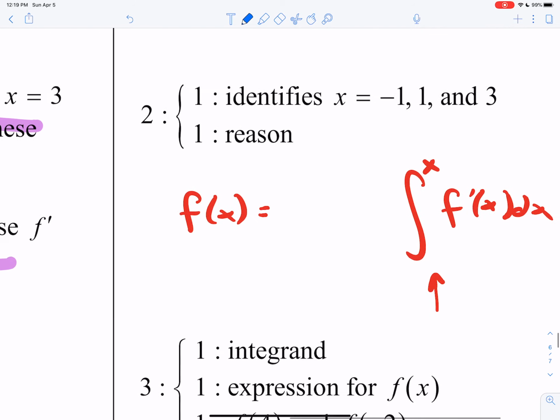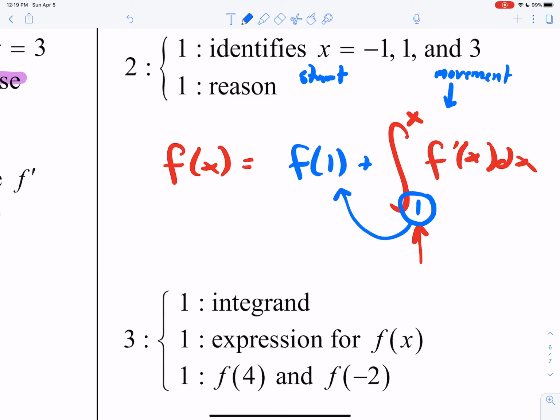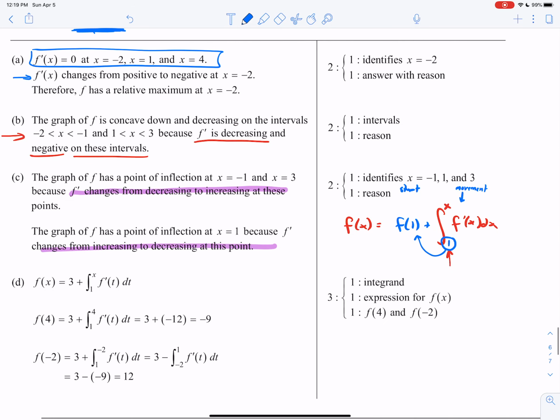So we want to go from 1 all the way to x, some number x. But you also have to consider where you start, because this is just pretty much your movement or your accumulation. But you also got to consider your starting value. So at 1, f of 1 is really 3. Or you could just write f of 1. I'll leave that up to you. But that's basically how they got this right here.